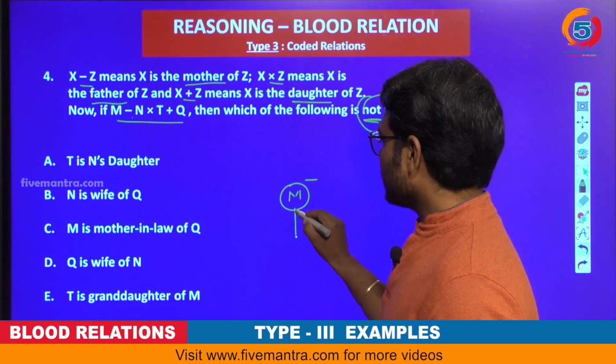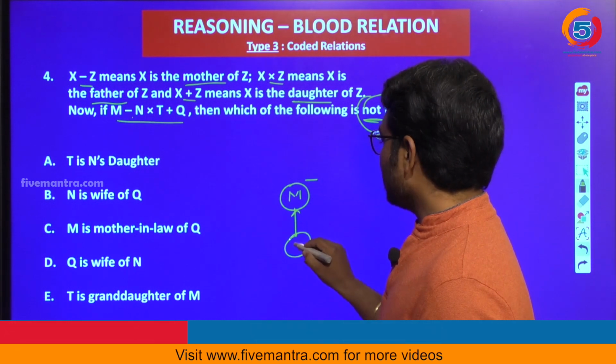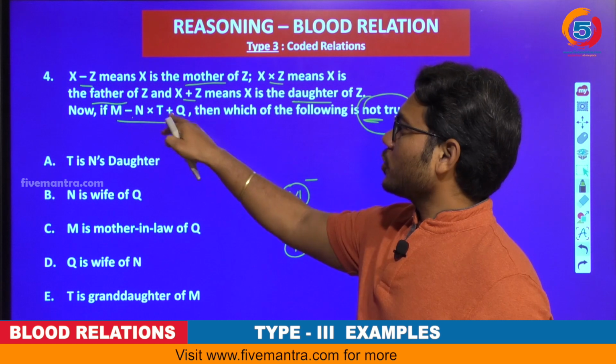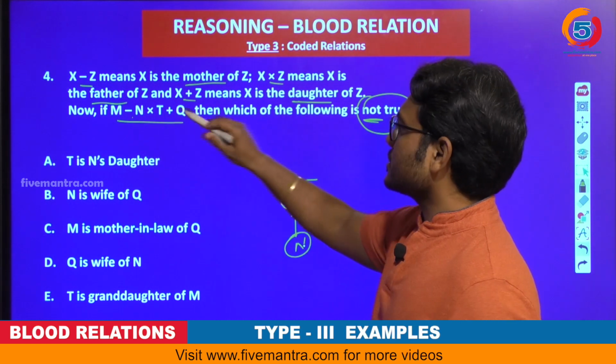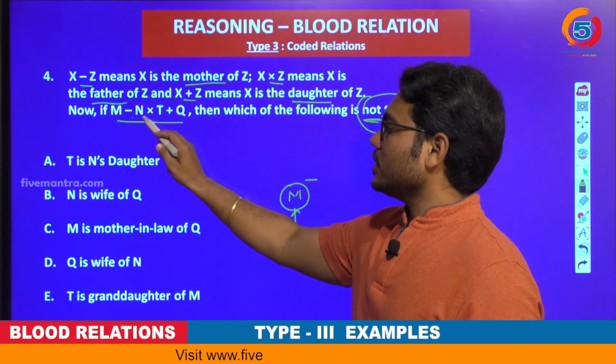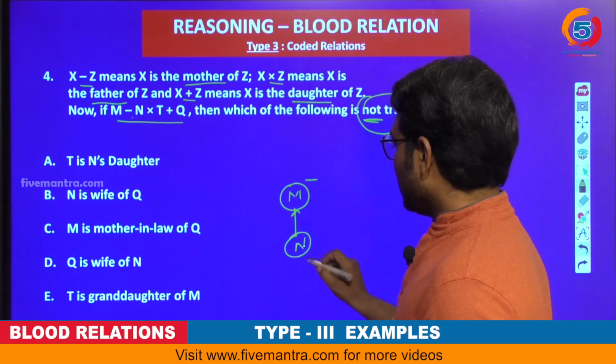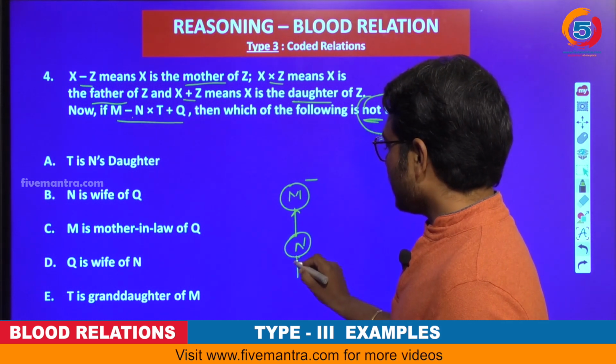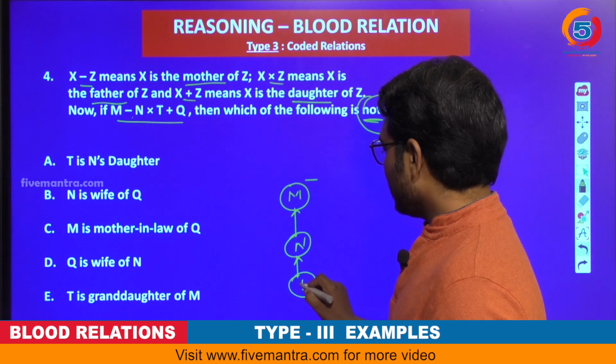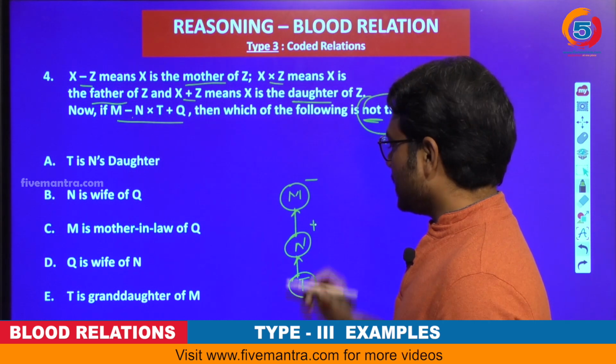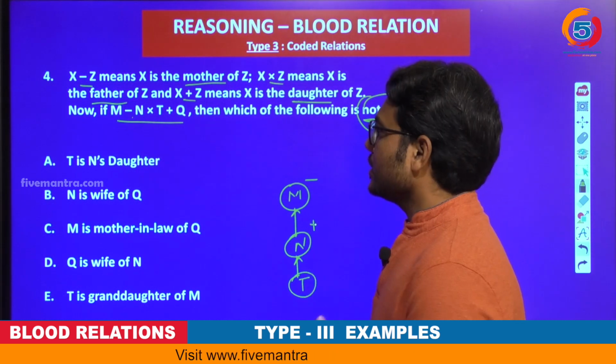M is the mother of N, and N cross T, cross in the sense father. So N is the father of T. N is a male. N is father of T.